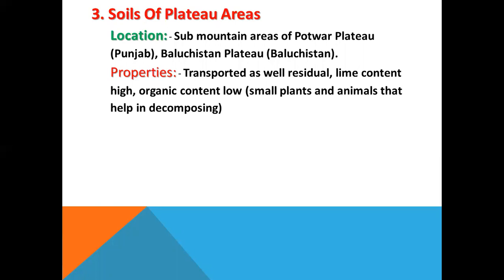Properties of this type of soil: it is transported as well as residual soil. Lime content high, organic content low. Organic content means small plants and animals that help in decomposing.